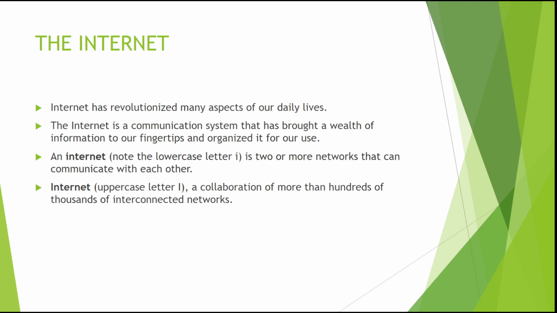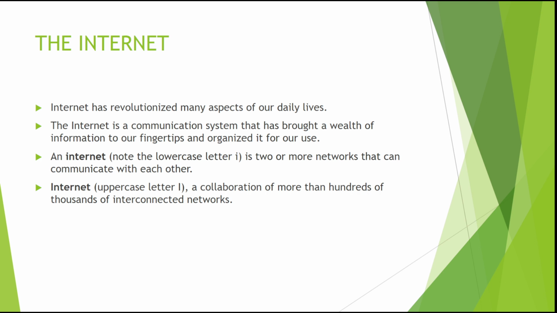Now we come to know that this word internet, there is an internet which has the small letter, small case i, and there is another one which has a capital I. So small letter i, capital letter I. Now the one that has a small letter i means something smaller.